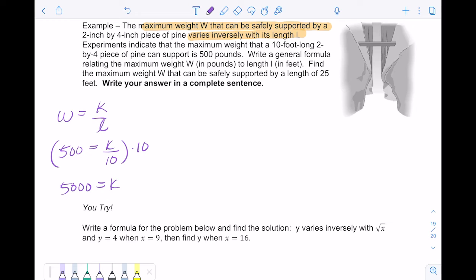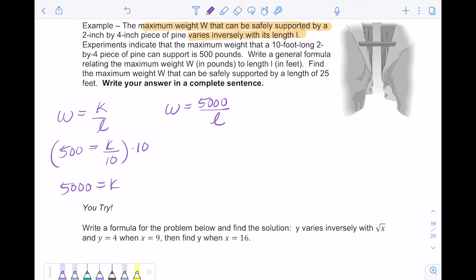So I'm going to use that to write my equation, which would be W equals 5,000 divided by L. In other words, if I want to figure out the maximum weight, I would take 5,000 and divide it by the length of that pine. Here they tell us that the length is 25 feet.